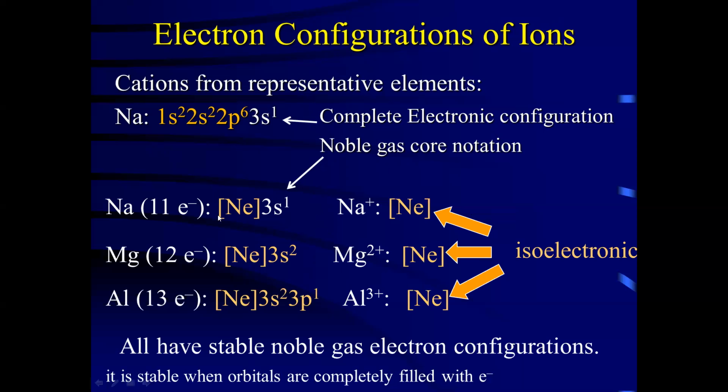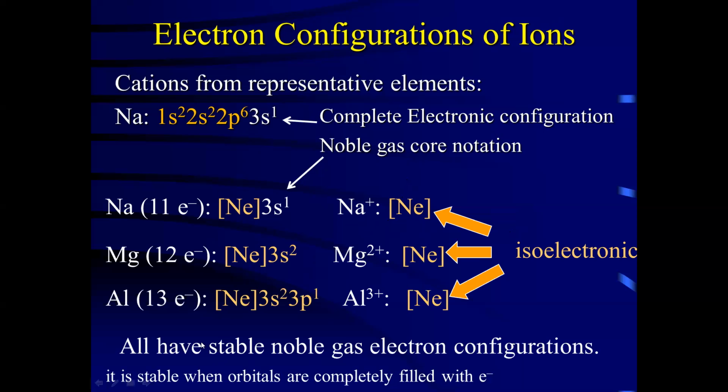After sodium loses 1 electron, its electron configuration in noble gas core notation will be this. The brown part is the same as this part. So you can write the electron configuration of sodium this way for the complete electron configuration, or you can write the noble gas core notation this way.